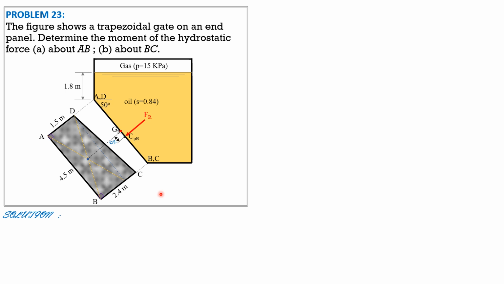Then for the triangular part, this is the centroid, so that's G sub triangle. Then the center of pressure is below, call that CP triangle, and this is where F triangle acts, and the distance between GT and CPT is E sub T as indicated in the figure.